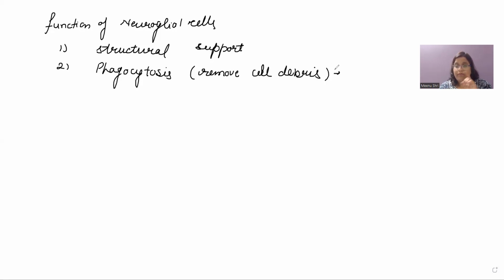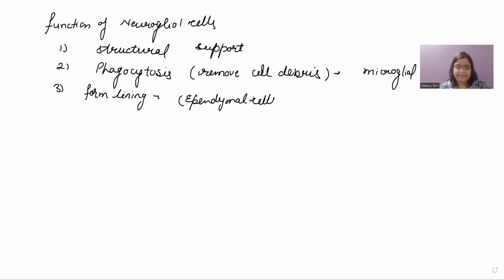Which type of neuroglial cells perform this function? That is the microglial cells. Third, form the lining, and that is by the ependymal cells.